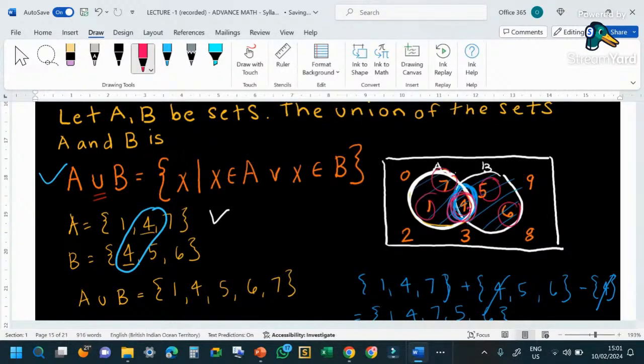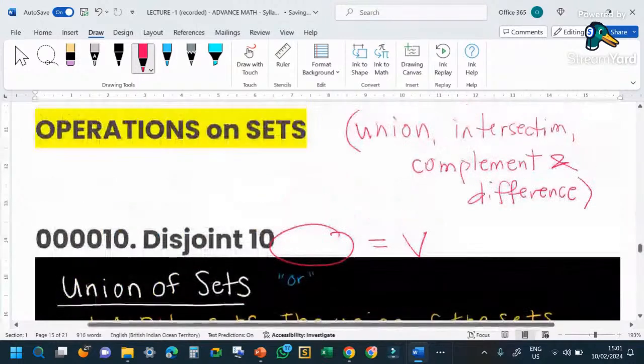So what's A union B? It will be 1, 4, 7, 5, and 6. Common elements must only appear once in a union. Okay, let's move to the next operation.